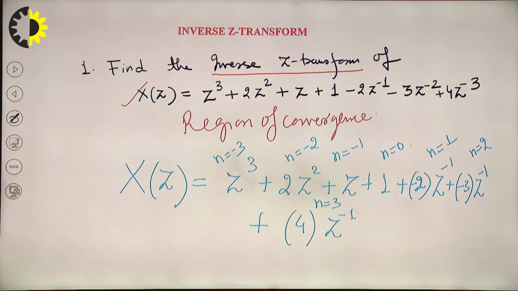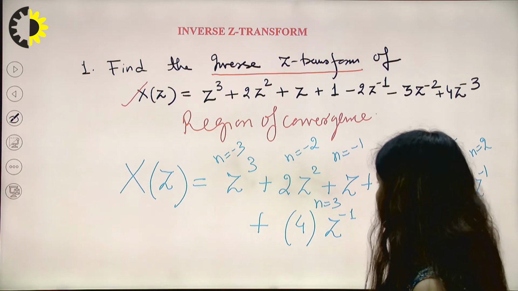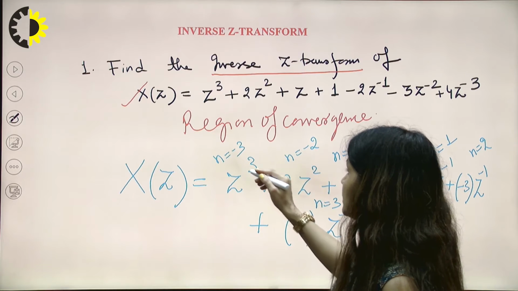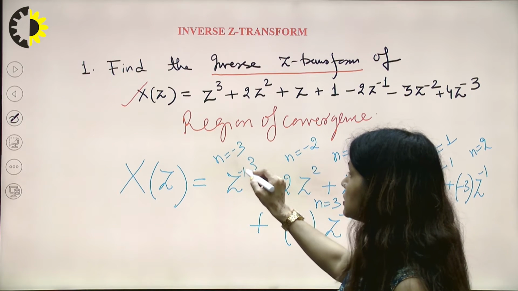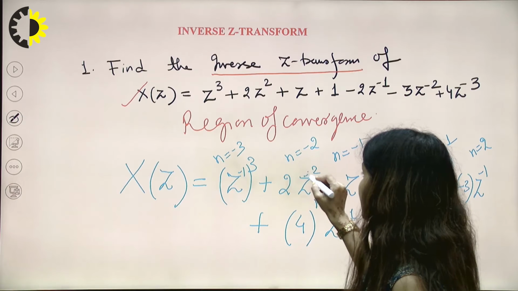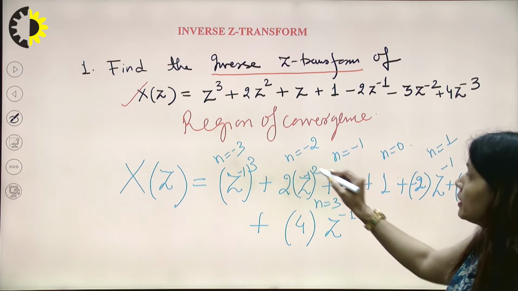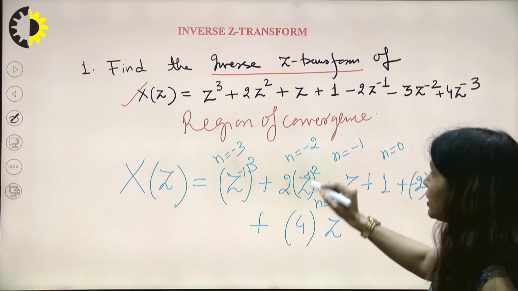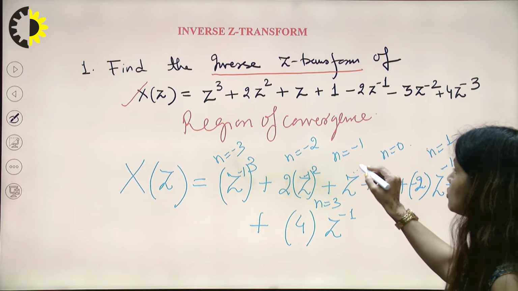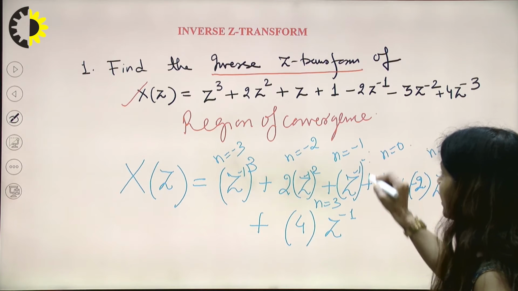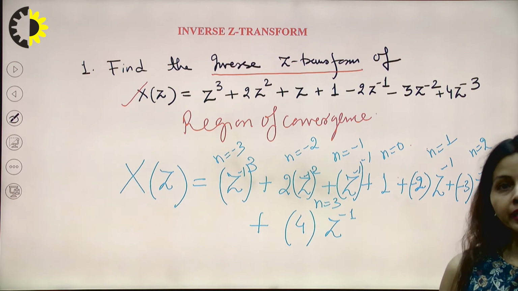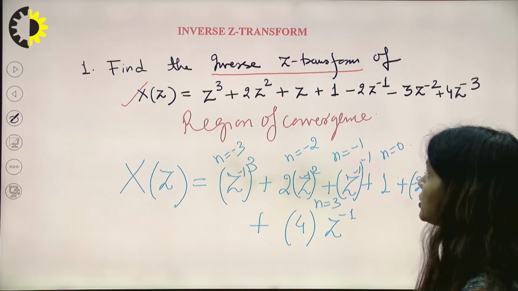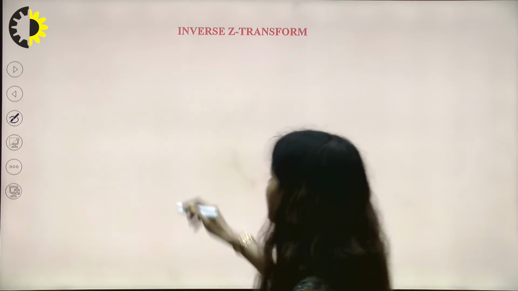Here these are all the powers at n equal to minus 3, because in the formula the negative powers are given, and minus 3 multiplied by minus 3, minus 1 multiplied by minus 2, minus 1 multiplied by minus 1, and hence I can write it in this way. So the sequence for x(n) will automatically come out.